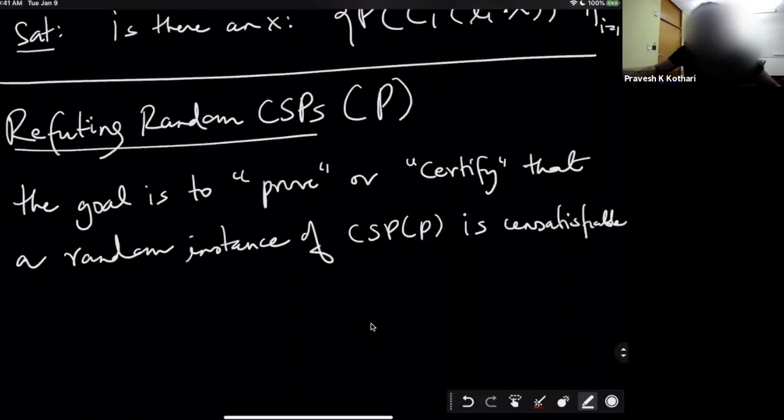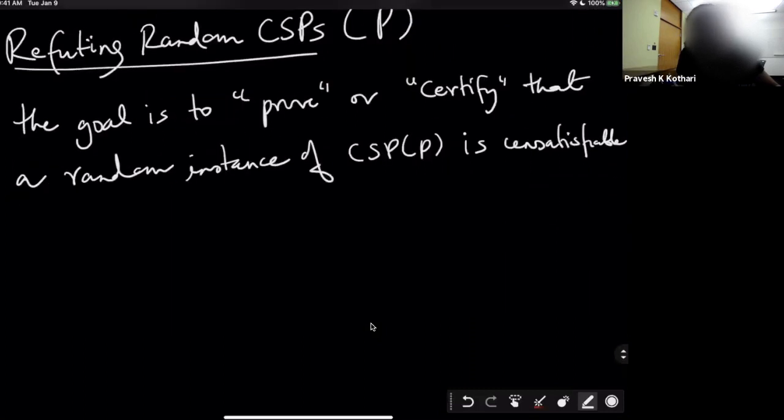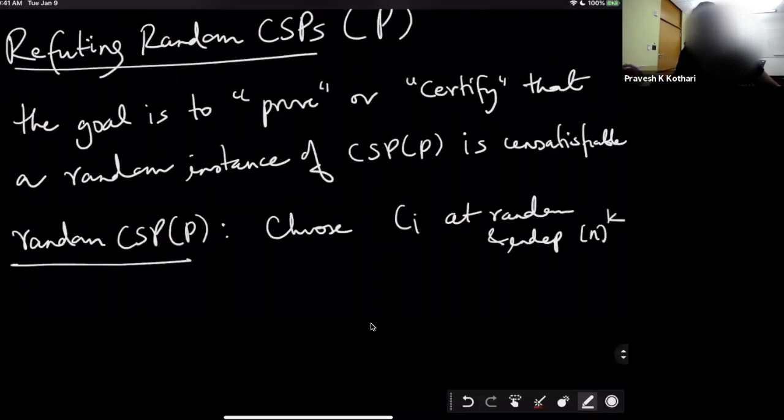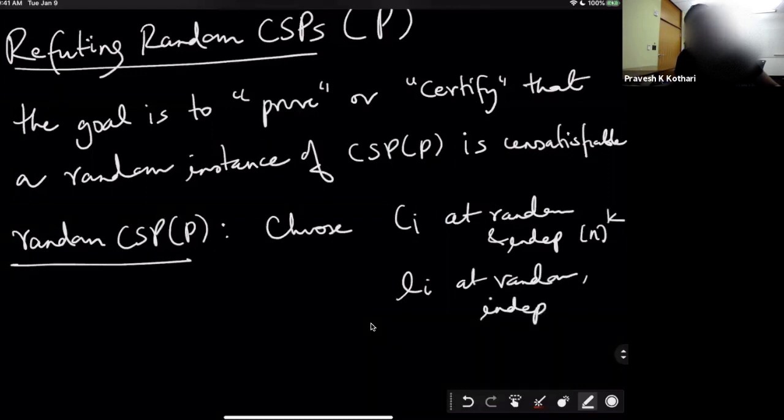So in fact, you already know what is a random CSP P instance. Choose the C_i's at random and independently. So these are going to be just k-tuples of variables. Choose them uniformly and independently from [n]^k. For each C_i, choose the literal pattern also at random and independently. Okay, so that's what I mean by a random CSP. Just construct m constraints by picking the k-tuples that appear in each constraint at random, and then the literal patterns on those constraints also at random.